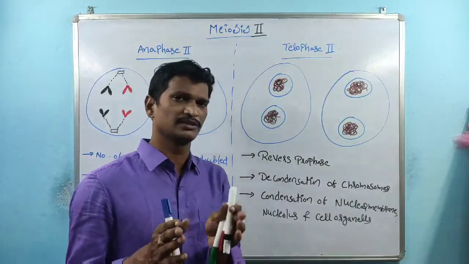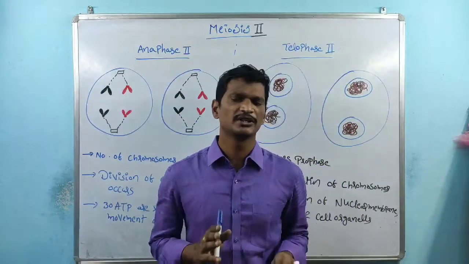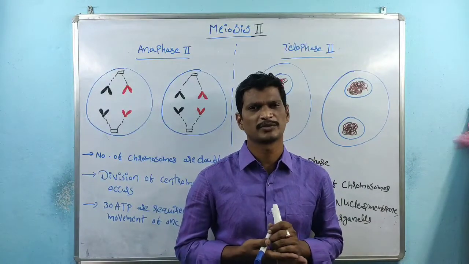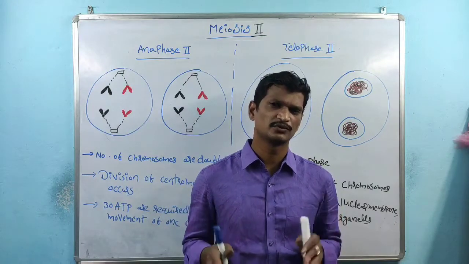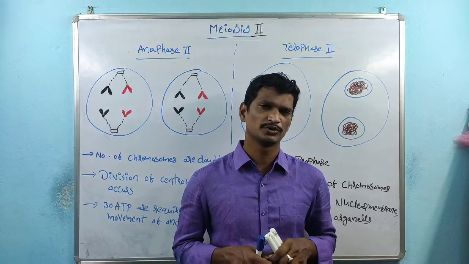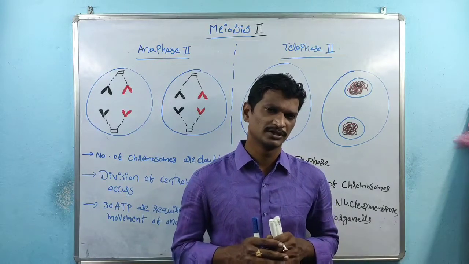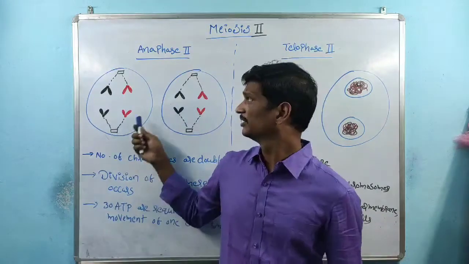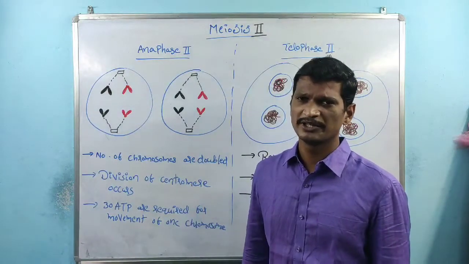The anaphase 1 is different from anaphase 2, because within anaphase 1 there is a reduction of chromosome number, as there is no centromere division within anaphase 1. The homologous chromosomes are moved towards the opposite pole side. Simply, there is no centromere division within anaphase 1. But in anaphase 2, a division of the centromere takes place.